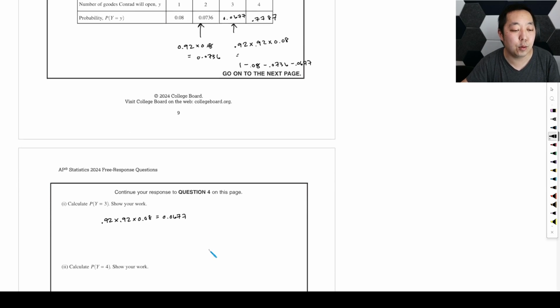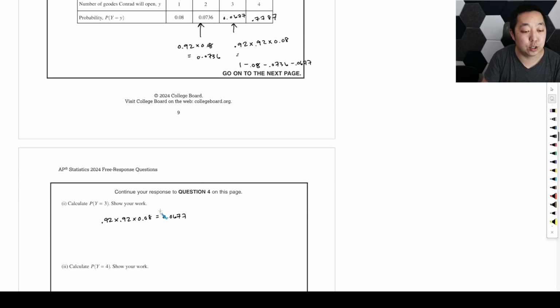And I would show a little bit more than that. I would not just show that. I would write these as probability events, if they want you to show your work.